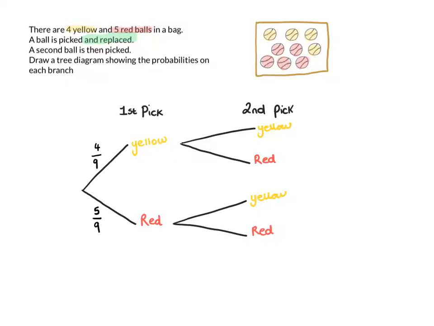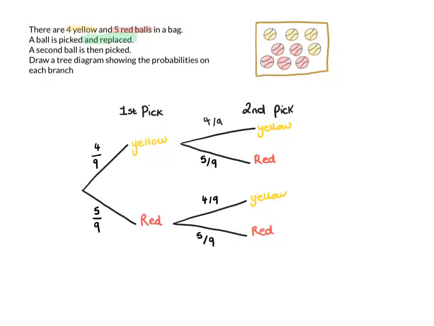So the probability of yellow will be 4 over 9, and the probability of red will still be 5 over 9. This will be the same for these branches here. So you first pick out a red, the probability is 5 over 9. You put it back in, the probability of yellow will still be 4 over 9, and the probability of red will still be 5 over 9.